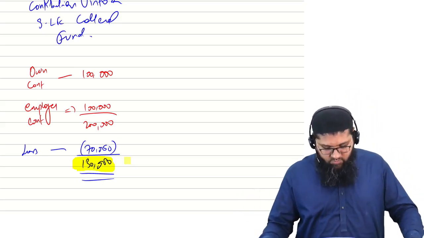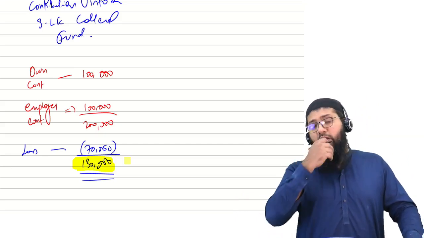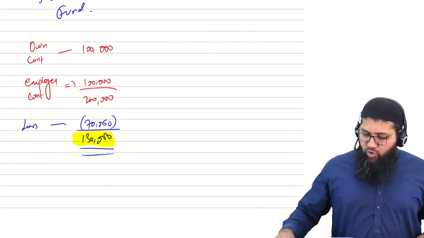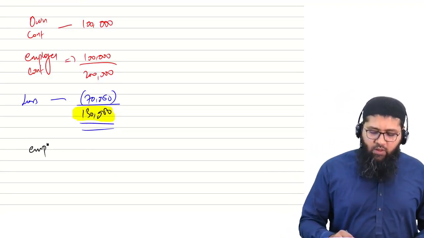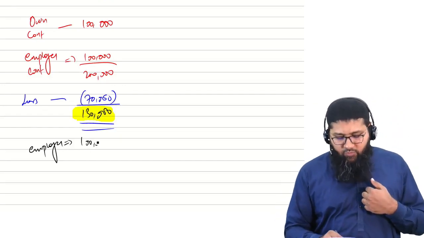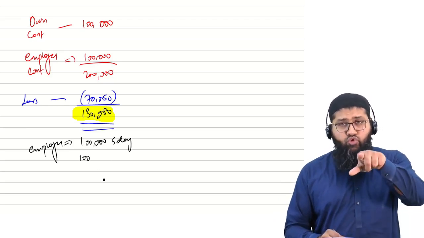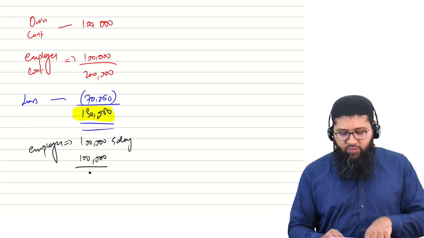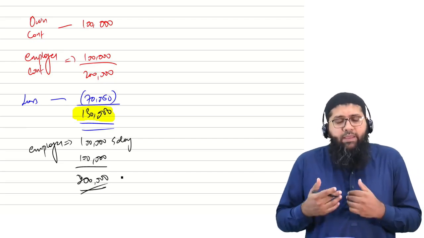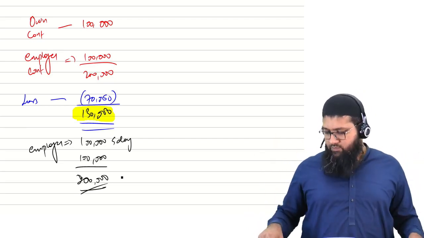Now, the employee may go to his employer and say, look, 100,000 was deducted from my salary and you had to give me 100,000, so at least 200,000 have to be given to me. I mean, if we ignore the interest, at least 200,000 have to be given to me.